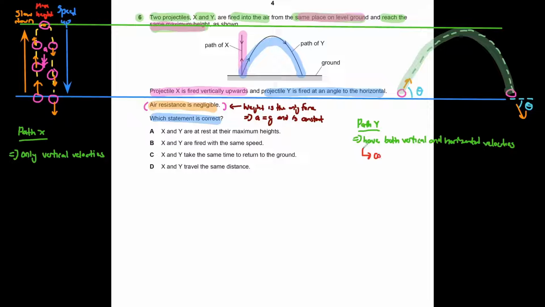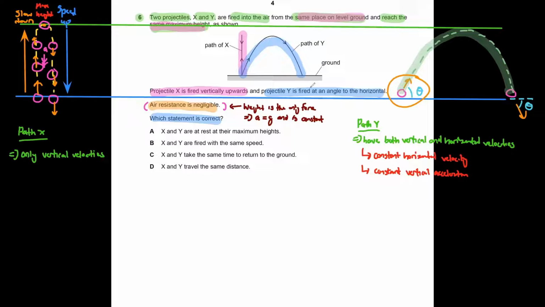The first one being that you would have constant horizontal velocity. And then the second one being that you would have constant vertical acceleration.